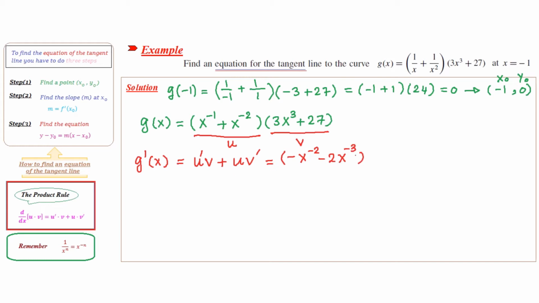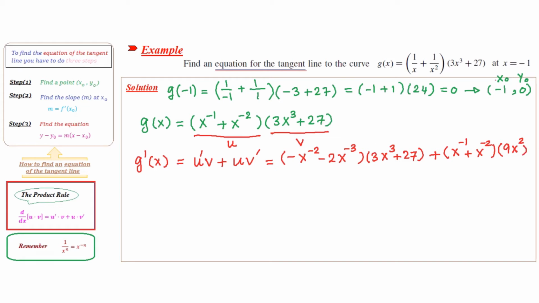This is u prime, multiplied by v, 3x cubed plus 27, plus u, which is x to the power -1 plus x to the power -2, multiplied by the derivative of the second function, 9x squared plus 0, because 27 is a constant and the derivative of a constant equals 0.